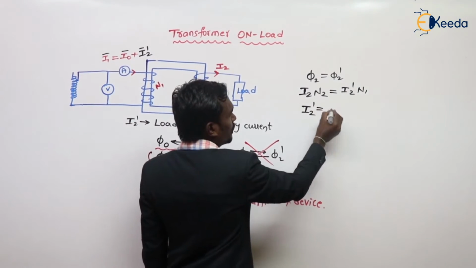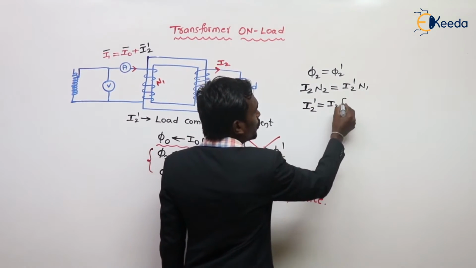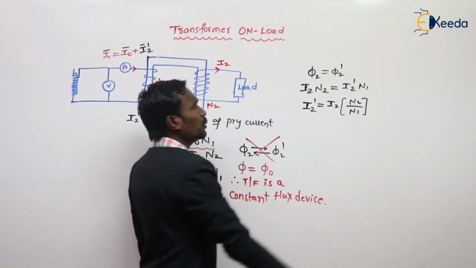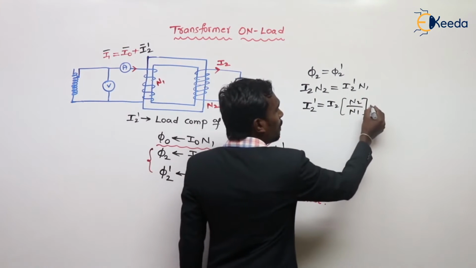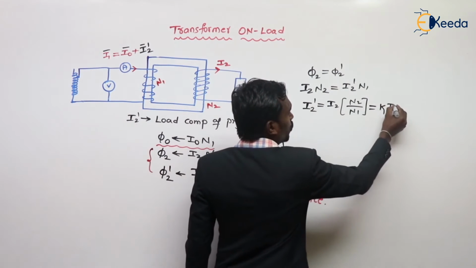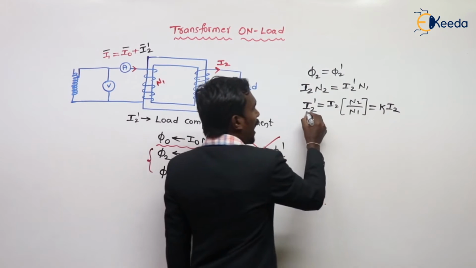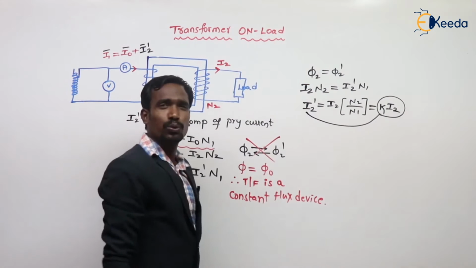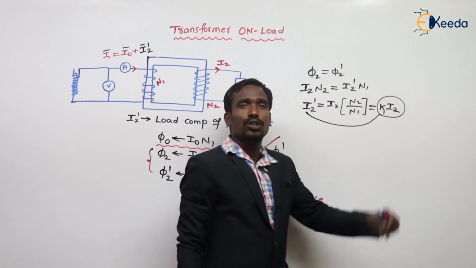I2 dash is equal to I2 multiplied by N2 upon N1. This N2 upon N1 is also written as the transformation ratio K. So I2 dash is equal to K I2.